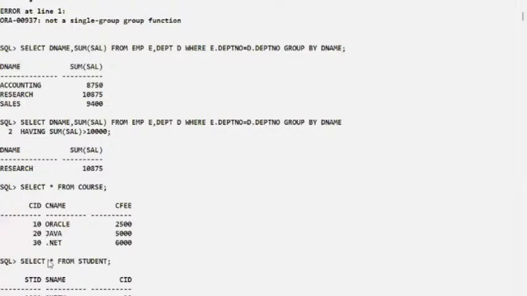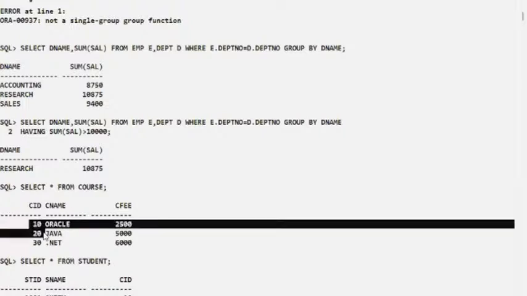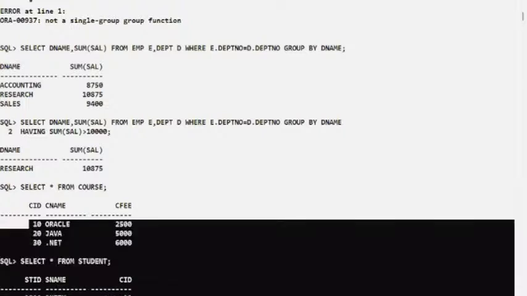Whatever the unmatching rows and data in these two tables, those unmatching rows we are not retrieving. That means we are missing unmatching data. Okay sir, now I want matching data along with the unmatching data. So both I want, matching and also unmatching.